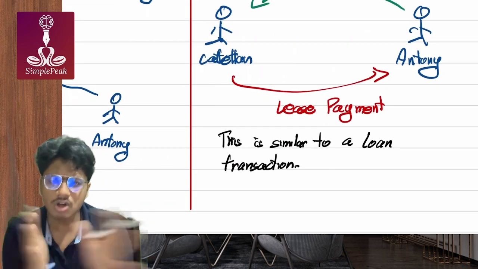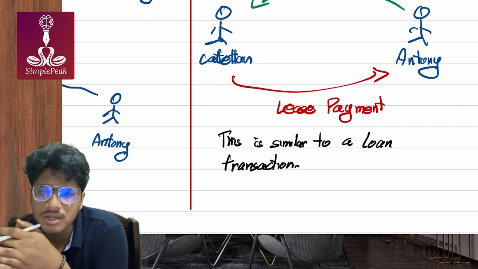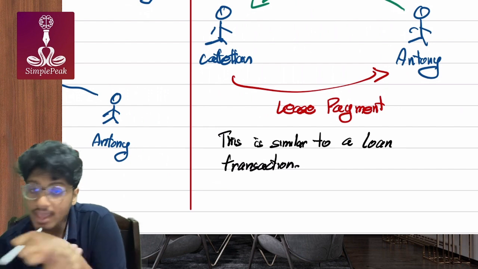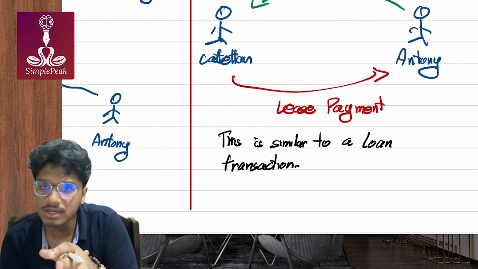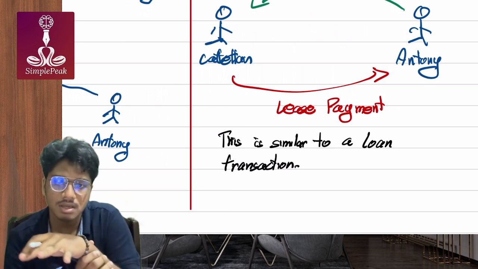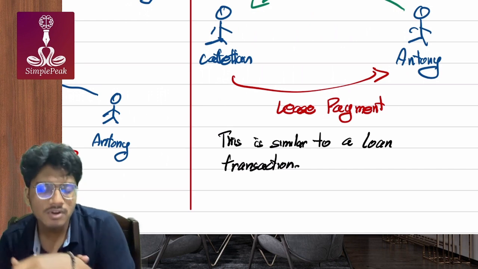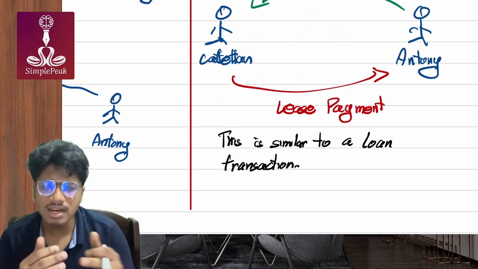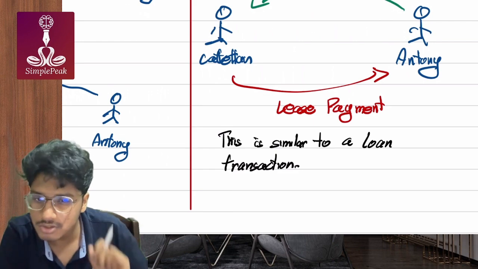It looks complex, but it is similar to a loan, and AS19 gives the accounting treatment for how to do this. If you look at the textbook and the answers, I understand it tends to be difficult, but I'm going to give you a trick to solve this.